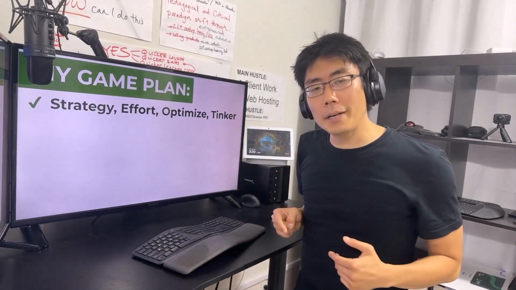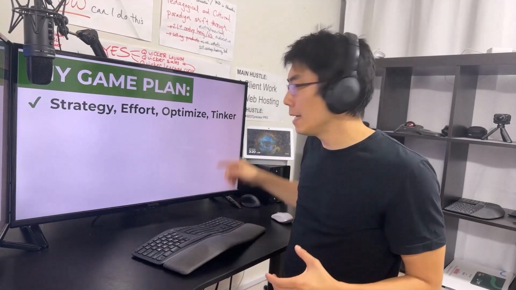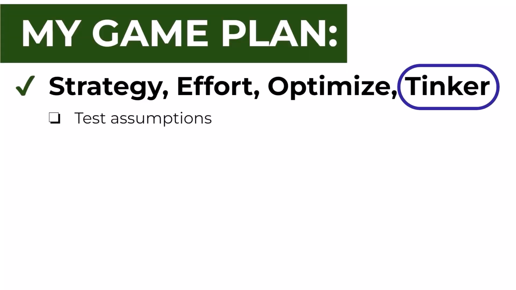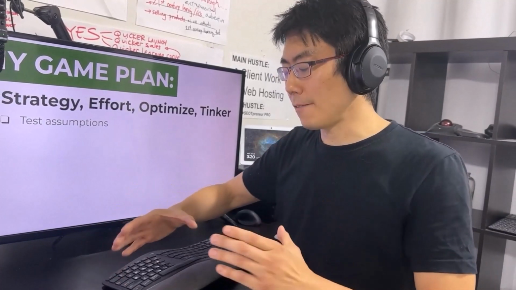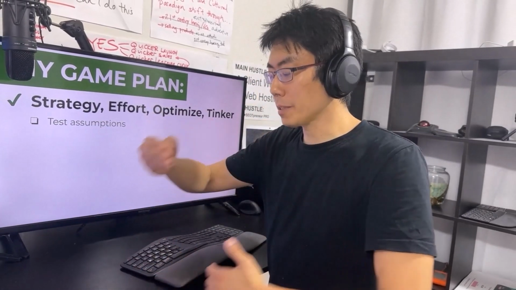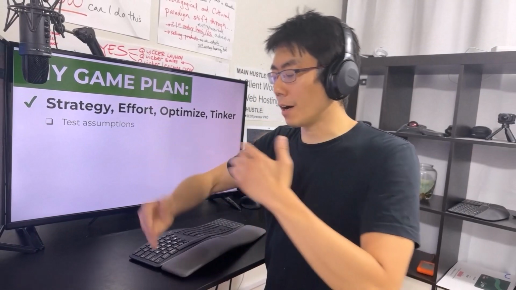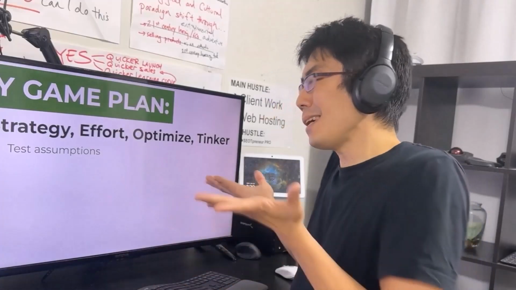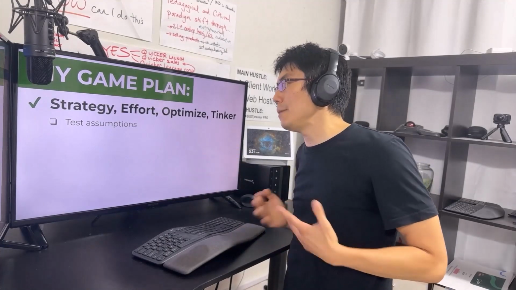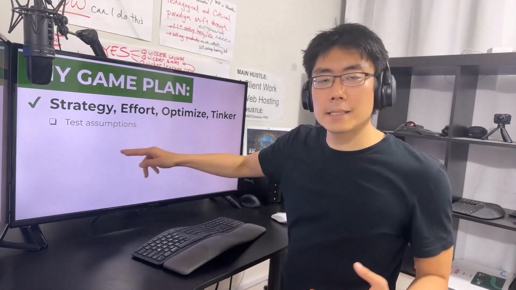But I think the key part here about the SEOT community is this idea about tinkering, which is to test assumptions, little experiments like, oh, this probably won't work, but maybe it will. And I find sometimes in the TPT Sellerverse, we hear a lot of the same stuff and then we repeat those things enough times until they become almost like urban legends, or they become gospel, where really maybe yes, maybe no. And one of the ideas I got from The E-Myth Revisited was this idea about testing your assumptions.